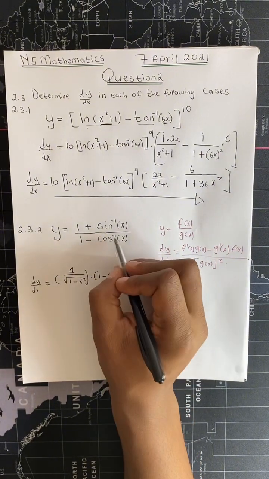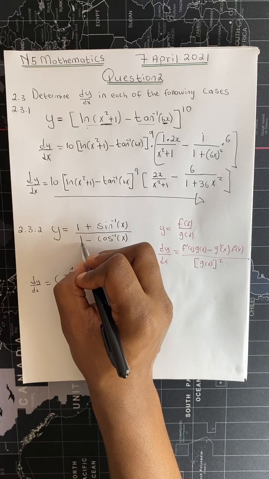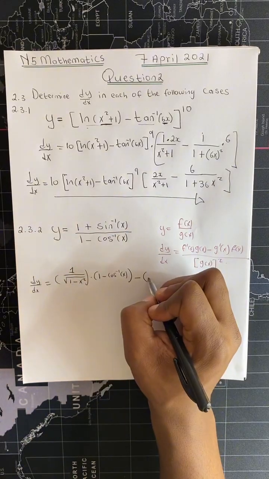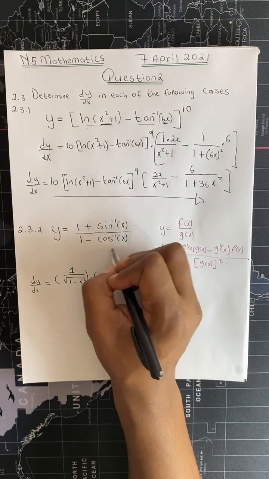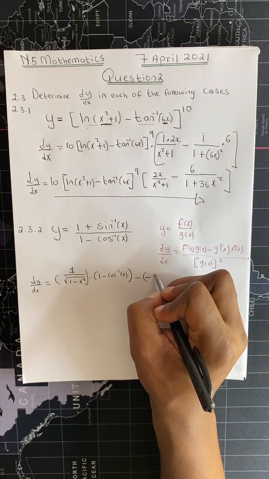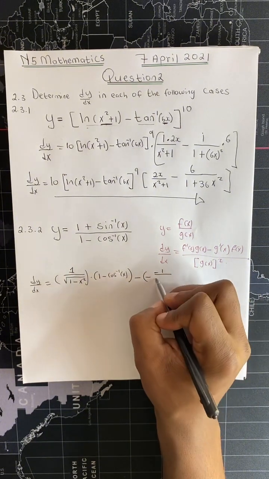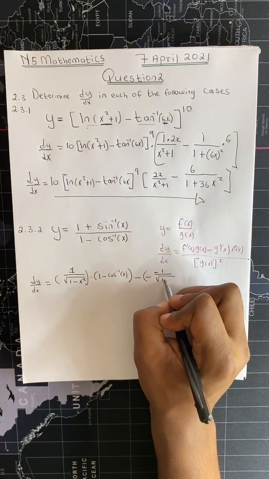minus the derivative of the denominator. The derivative of 1 is equal to 0, and the derivative of the negative cos of x will be equal to negative 1 over the square root of 1 minus x squared.